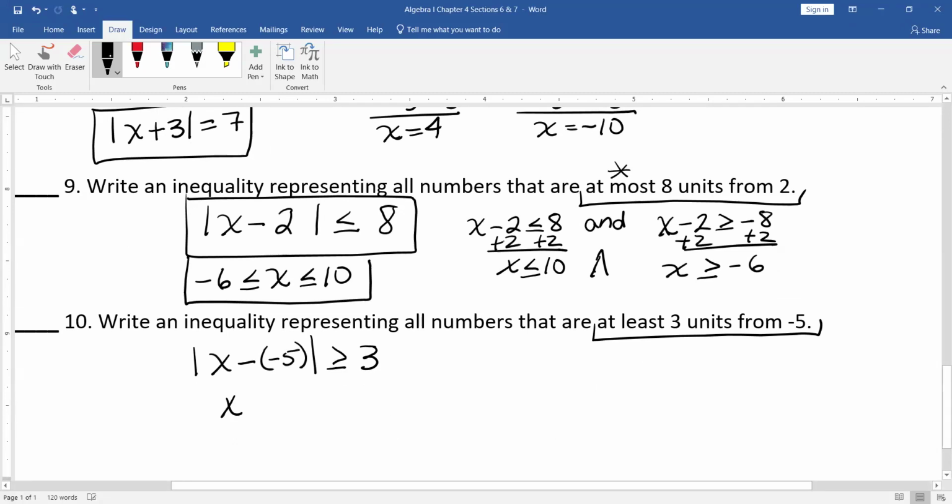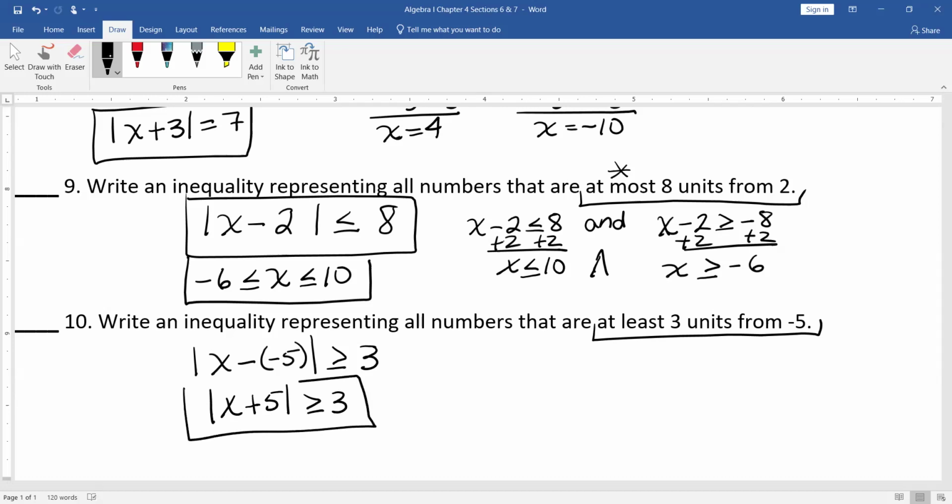I get x plus 5 inside absolute value greater than or equal to 3. Now this one is a disjunction, so we can't write a combined statement, but this is x plus 5 is greater than or equal to 3, or x plus 5 less than or equal to negative 3.